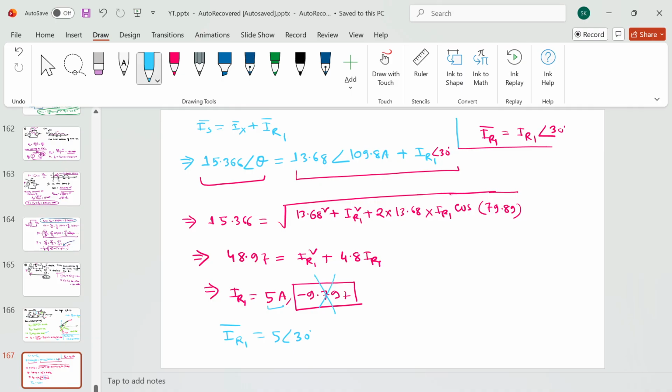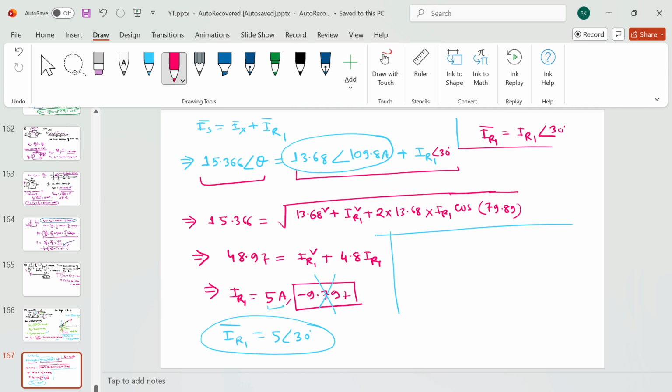Now I know the Ix phasor, this one, and I know the IR1 phasor. Now I can calculate the source current phasor, right? The source current phasor is IR1 phasor plus Ix phasor.